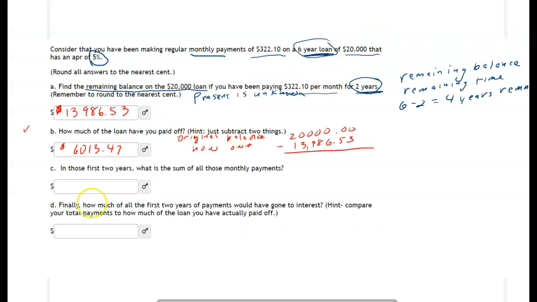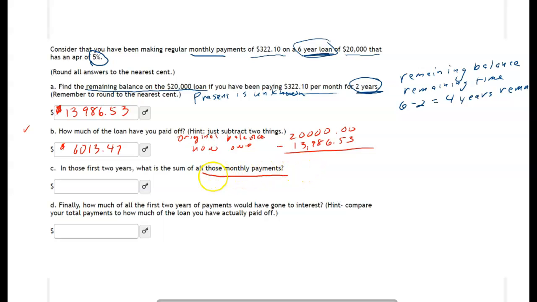Now it asks, in those first 2 years, what is the sum of all those monthly payments? This is what I want you to think about. Whenever we make payments, some of the money goes towards interest. Now we're going to calculate how much all those payments were.